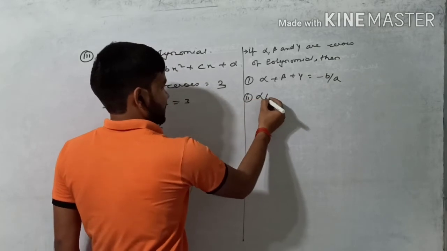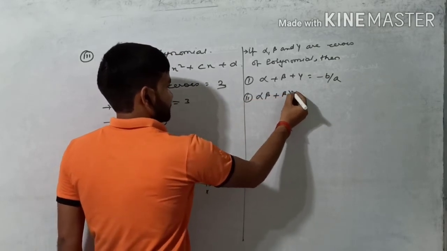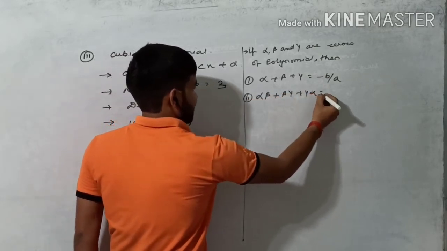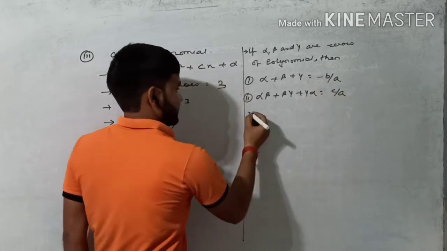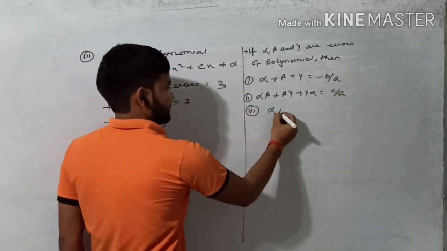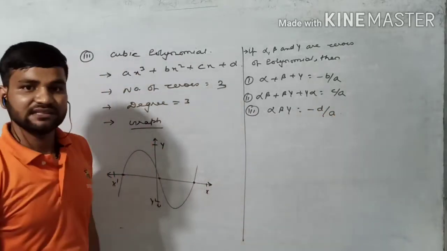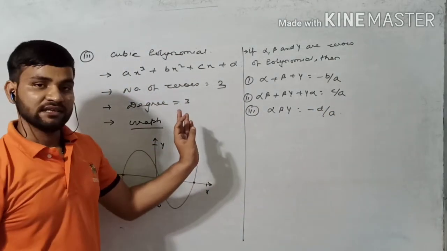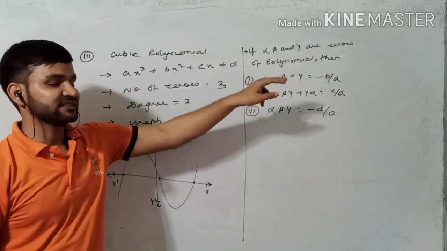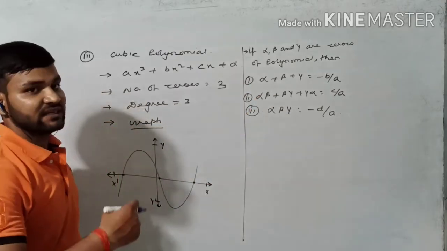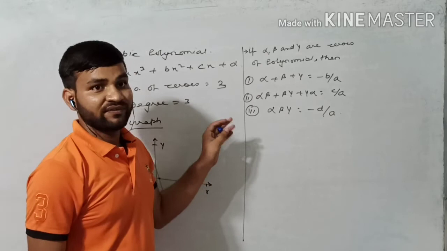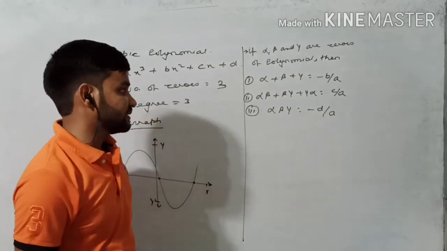Second is alpha beta plus beta gamma plus gamma alpha equals c by a. And third is alpha beta gamma equals minus d by a. These relations are also discussed when we find the zeros of the cubic polynomial.